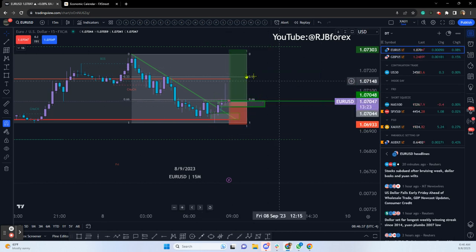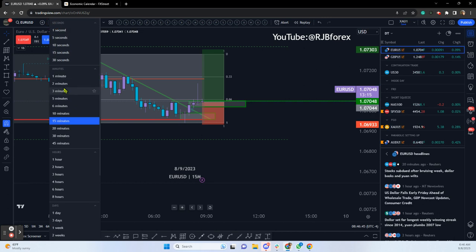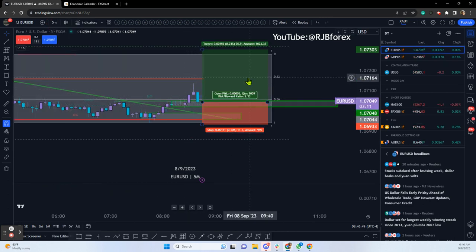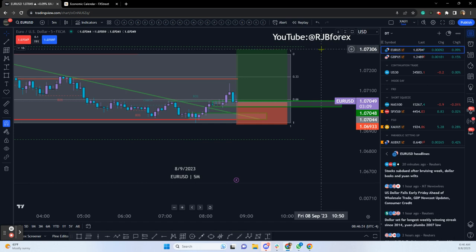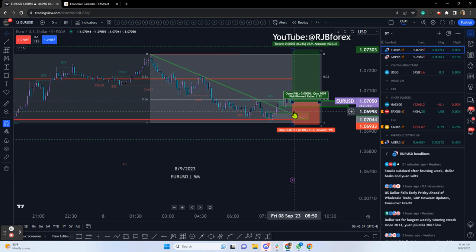That wick. So, I mean, technically, yes, you would argue that structure is broken. Even though it's wicked and come back inside, obviously on the lower time frames, that's going to be a definite break of structure. All right, so we're technically bullish now, but we're looking for a discount.